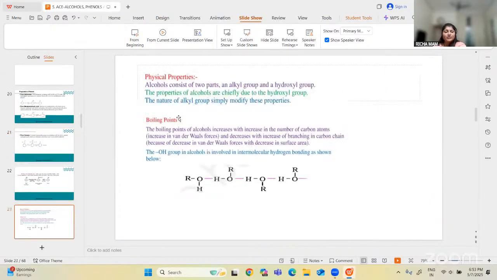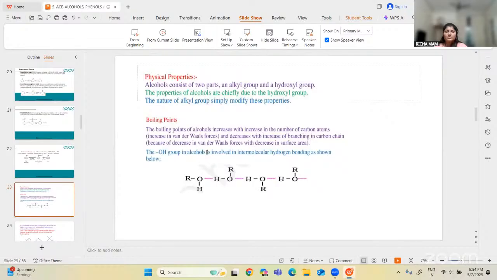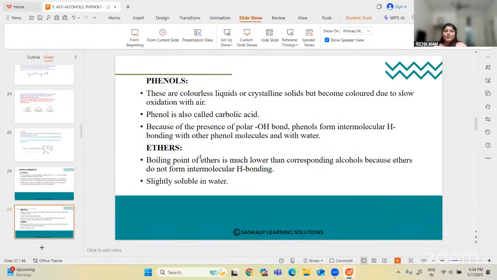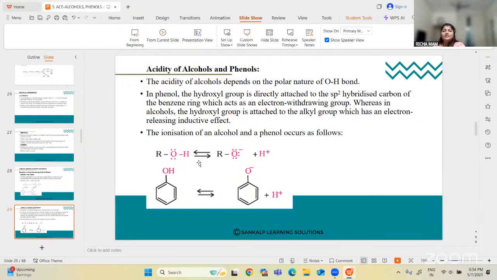Then we have discussed the physical properties of alcohols and phenols. These are all the physical properties which we have discussed. Then we have seen the chemical reactions of alcohols and phenols: the reactions involving cleavage of the OH bond and the reactions involving cleavage of the CO bond.